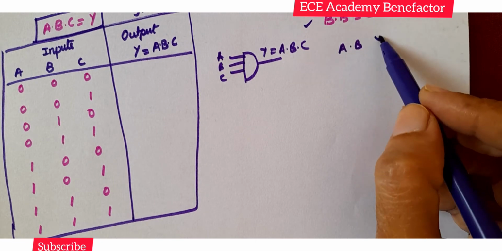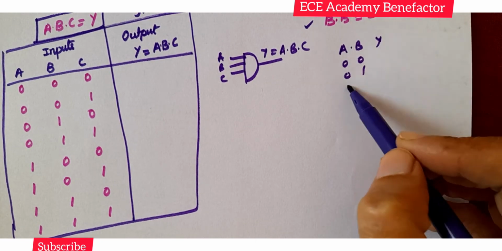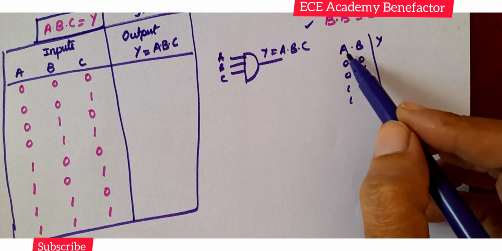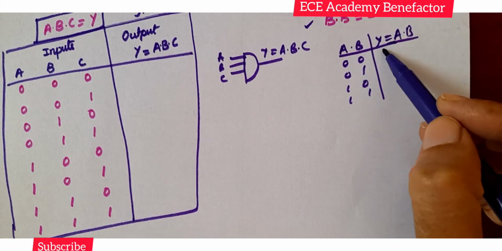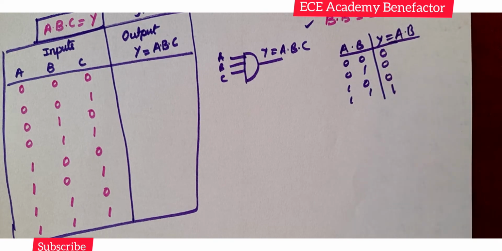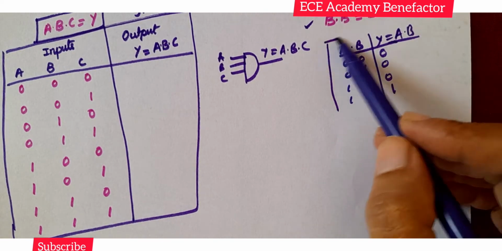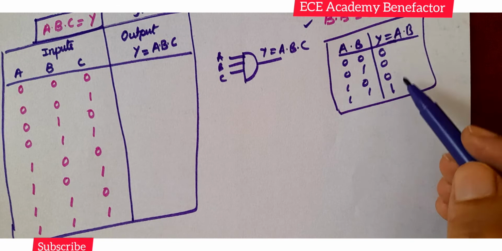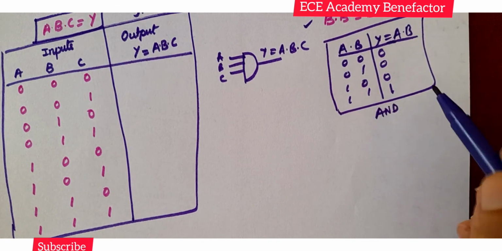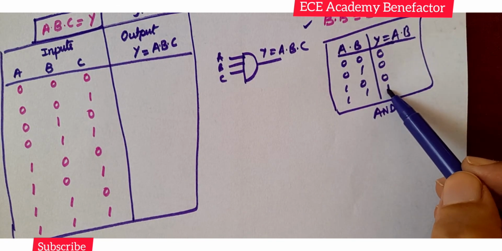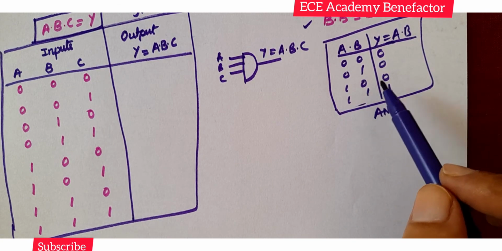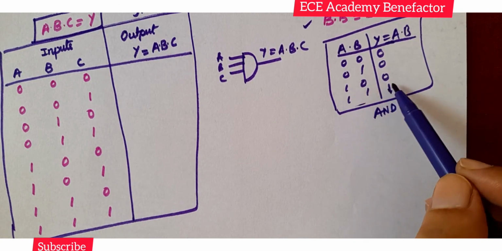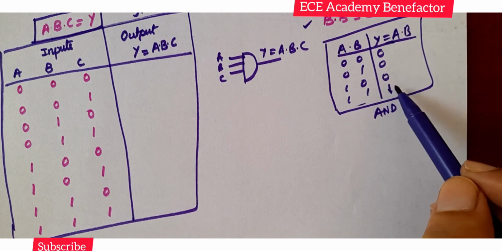For A dot B, the output is 0, 0, 0, 1. So, for the AND gate, what can we say? The output is high only when all the inputs are high. When all the inputs are high, the output will be high or 1.